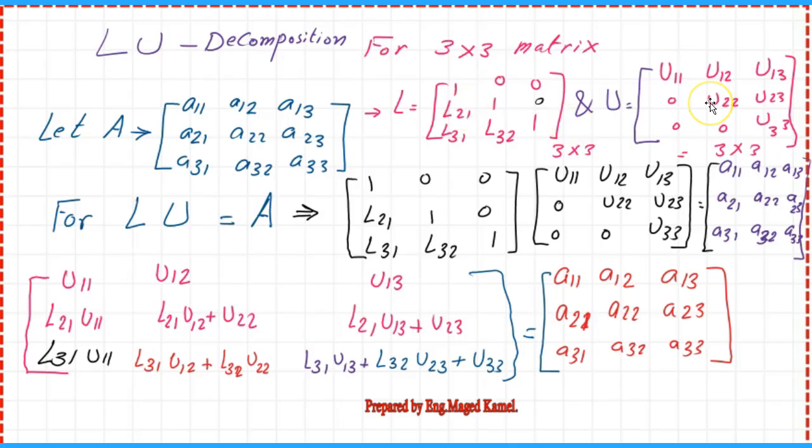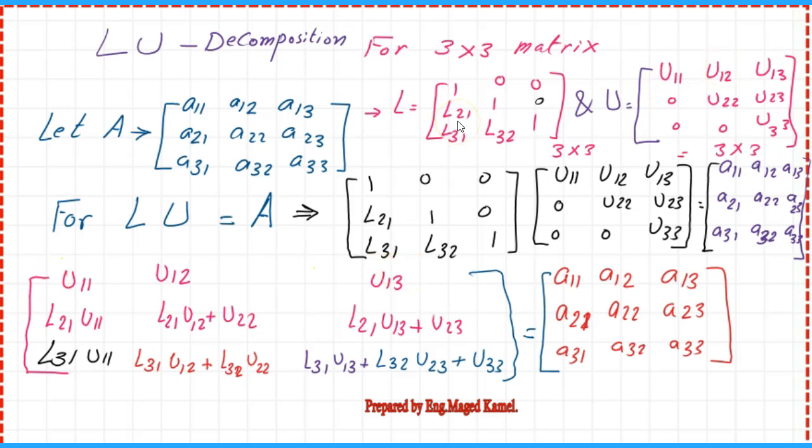After we multiply L by U, we get that expression. But let us review our information regarding elementary matrices. This is the L and this is the U. This 1, 0, 0 means there is no change in U11, U12, U13, because if we assume that this is an identity matrix, the first row in the identity matrix is 1, 0, 0. So this row, after we multiply, has no change.